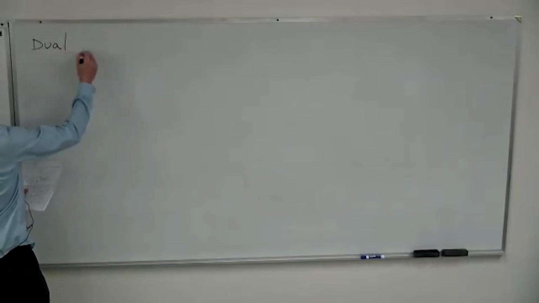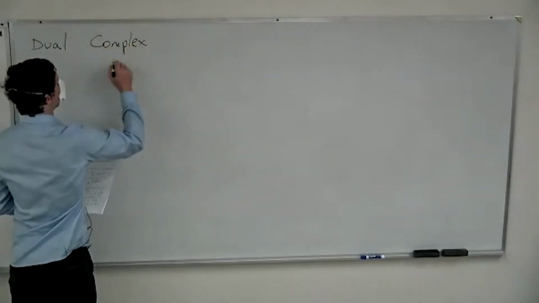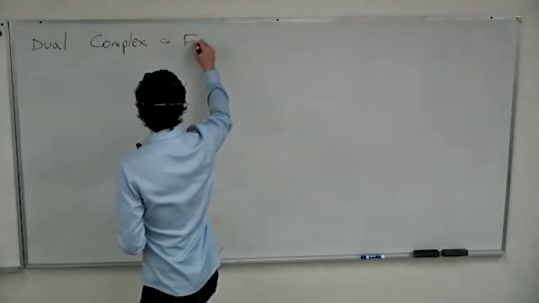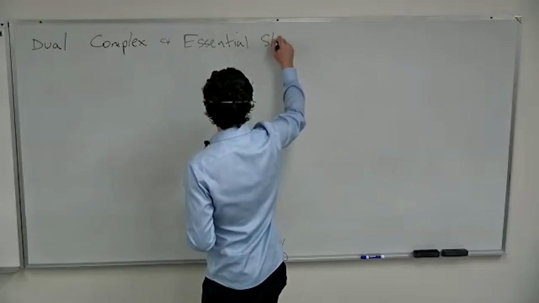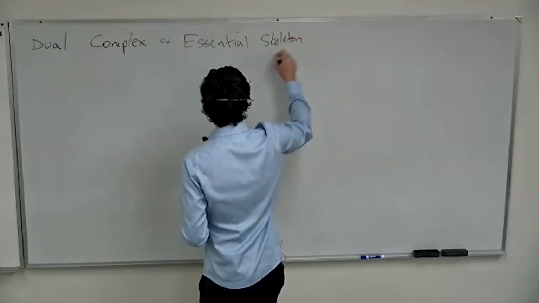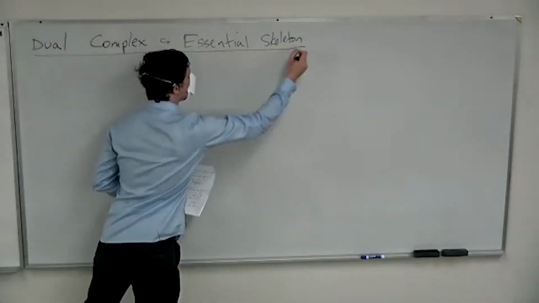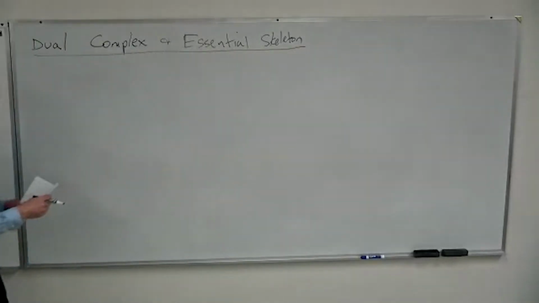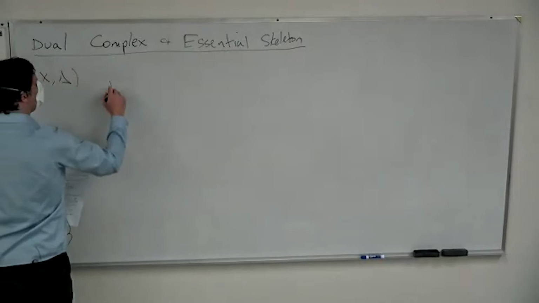So this is the dual complex and essential skeleton. Well, of what? I'm going to get to that in a minute. The idea here is we're going to start with X, Delta, a pair.